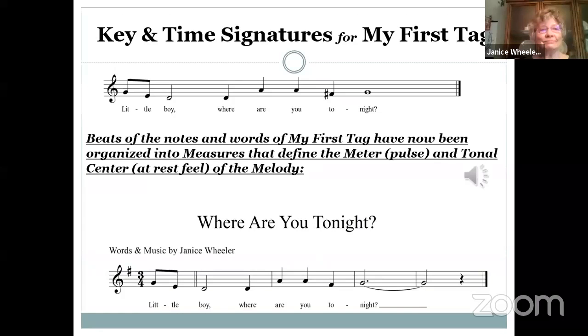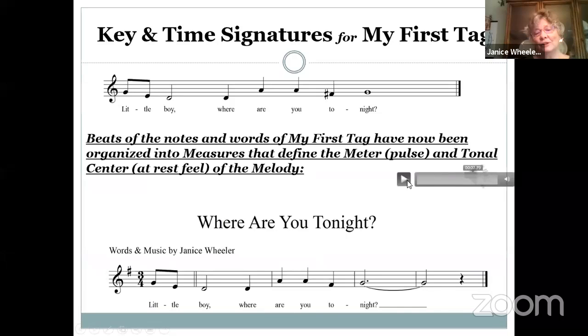We've taken the beats of the notes and words of my first tag melody, and they've been organized into measures that define the meter and the tonal center, or the at-rest feel of the melody. So we've gone from this notation of the melody to this notation, which includes all of the key things that we need to know about the melody.